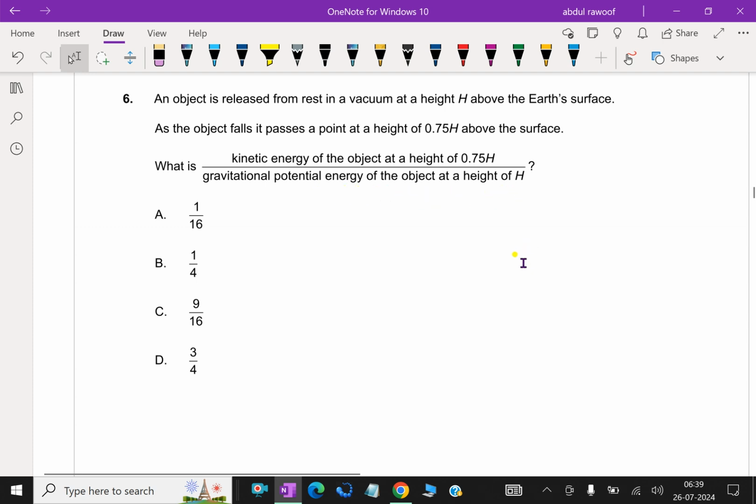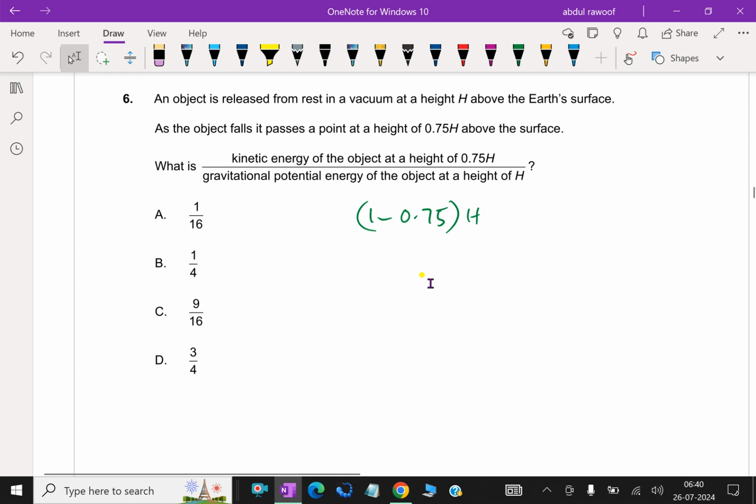Here, the kinetic energy of the object at a height 0.75h is equal to the potential energy lost, with 1 minus 0.75 h. That means this kinetic energy is equivalent to potential energy with 1 minus 0.75 h.